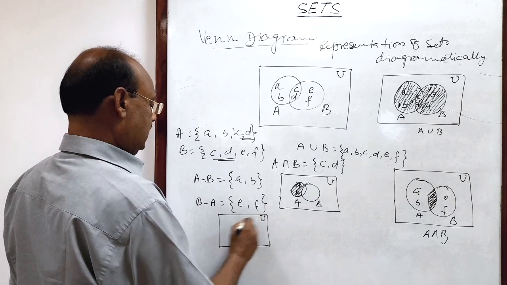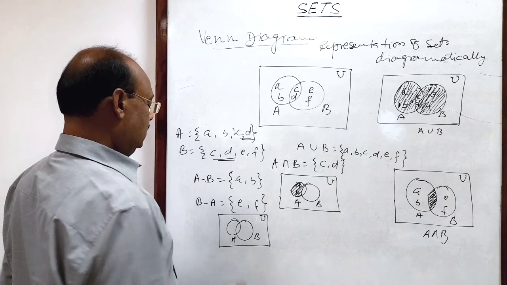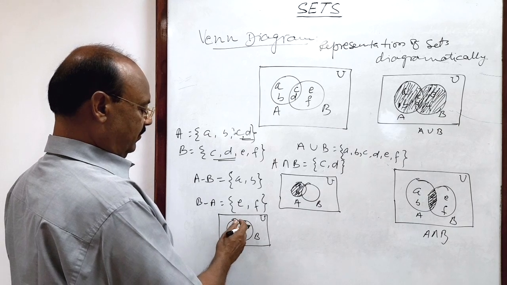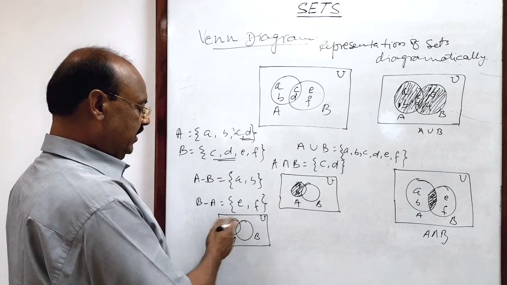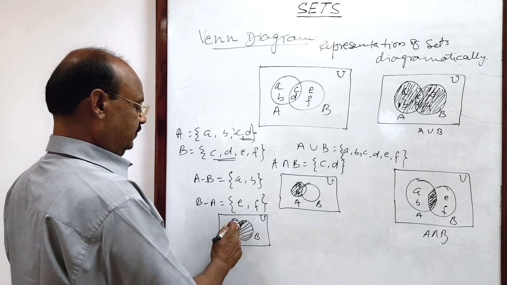This is the universal set. This is set A. This is set B. So B minus A means the portion of A which is common with B will be removed. So only the remaining part will be this much.